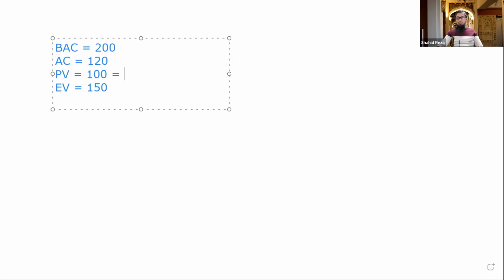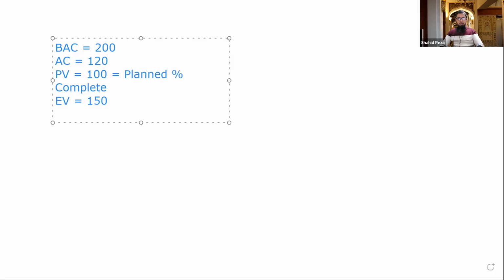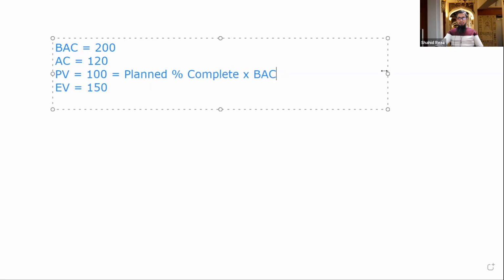The formula to calculate planned value is planned percentage complete into BAC.